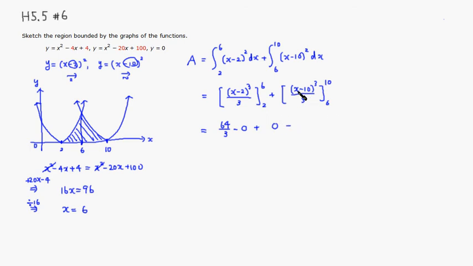Minus, plug in 6: 6 minus 10 is negative 4, negative 4 cubed is negative 64, over 3. It's actually a double negative, so it's going to be an addition. So 64 over 3 and another 64 over 3 is 128 over 3. That's the area. All right, that's it. I hope that this was clear.